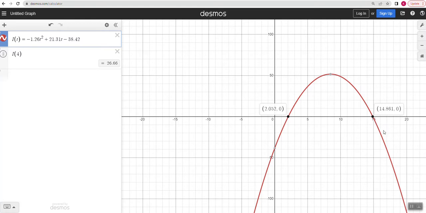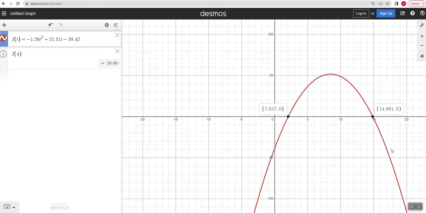And over here again, we'd be predicting a negative number of sales. That's definitely model breakdown. So I would say we have model breakdown for t less than 2.05, all these t's over here. And we have model breakdown again when t gets bigger than 14.86, because again, we're seeing negative sales.